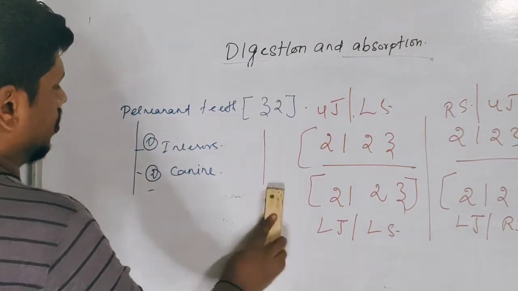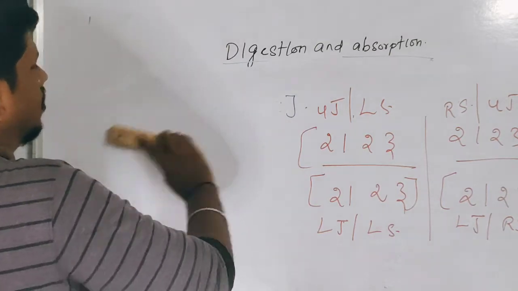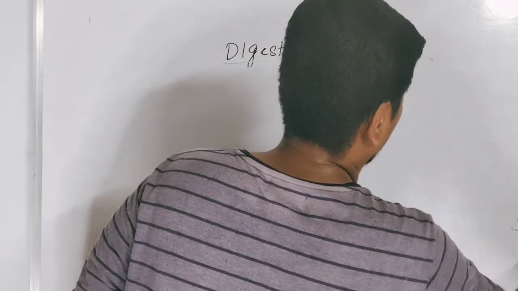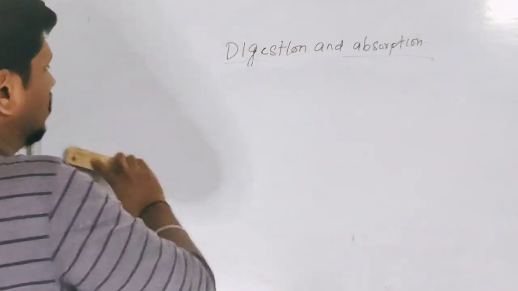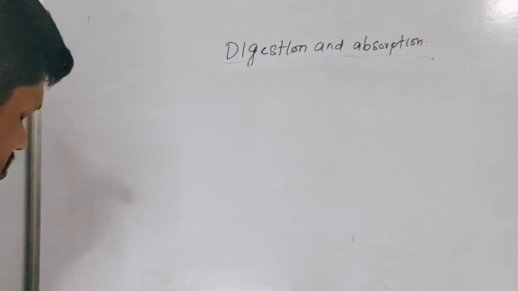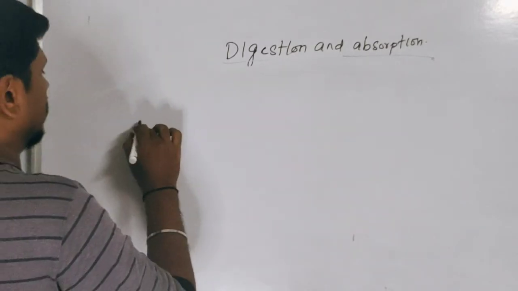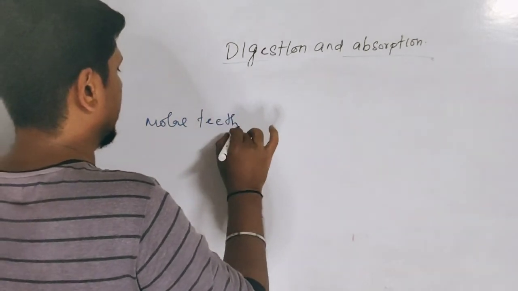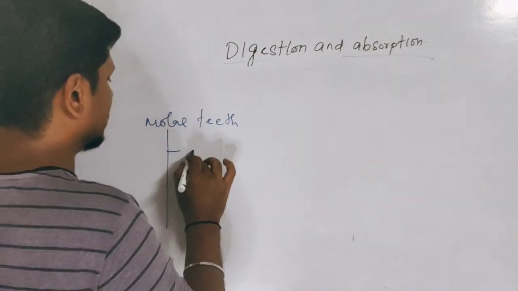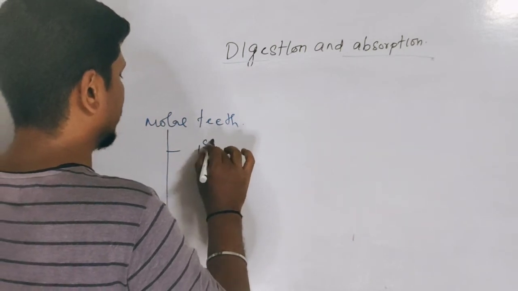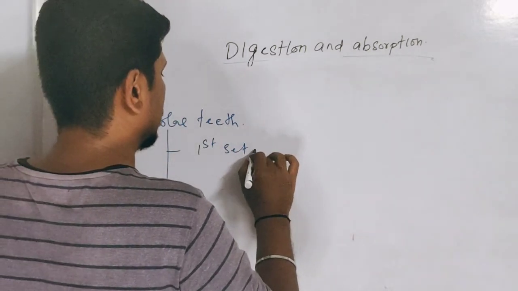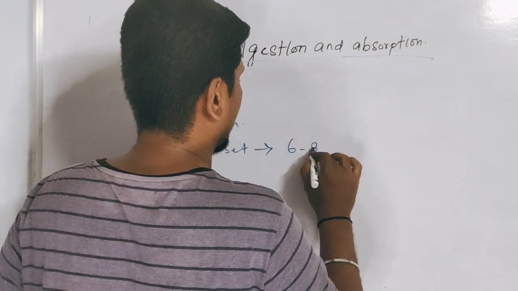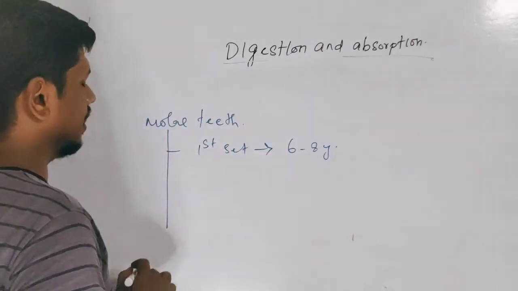Now, important point with respect to molar teeth. This molar teeth we can classify as 3 sets. One is the first set. It is going to be grown around 6 to 8 years.